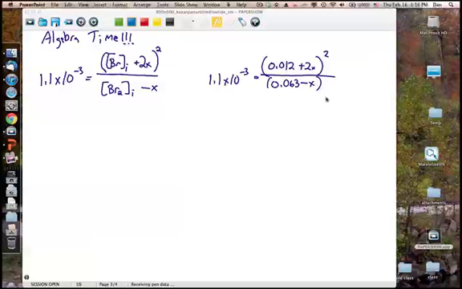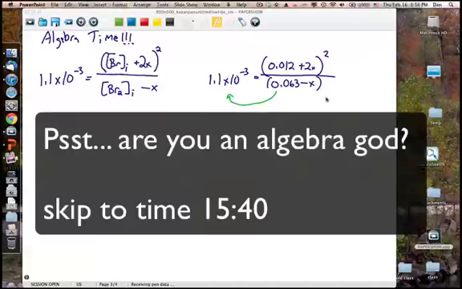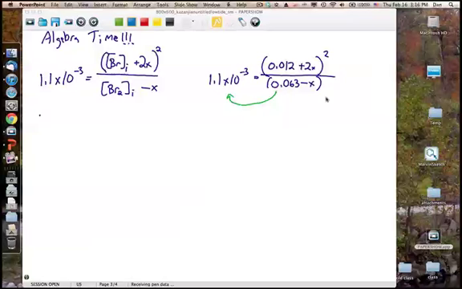Now, just a reminder, when we rearrange and solve this, one of the first things we can do is bring this over to this side of the equation. So let's do that. If you are an algebra god, you can skip until the next section. I'll put the time that you could skip to in the little notes.